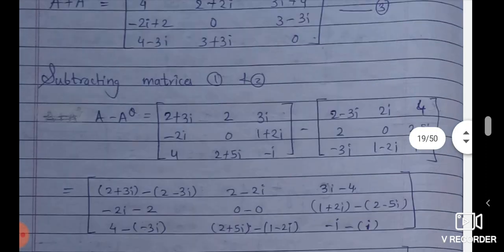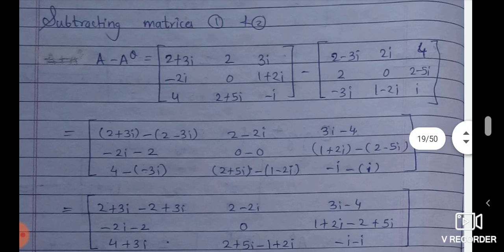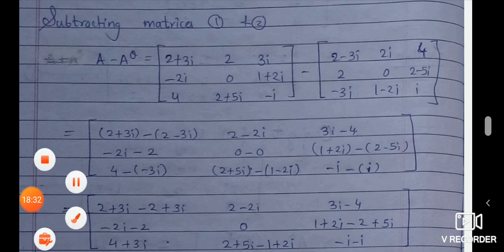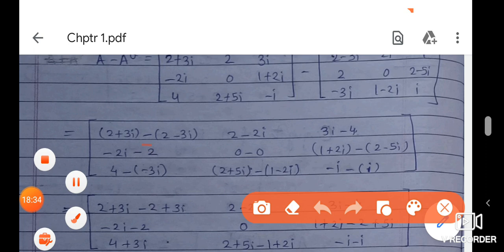In the same way, I carry out the subtraction also. While subtracting, also follow the same rule: subtract the real term with real term, imaginary term with imaginary term. While subtracting, keep this in mind: put a minus and then put the bracket for the second term. This is important because if you don't put the minus sign, your answer will be wrong.